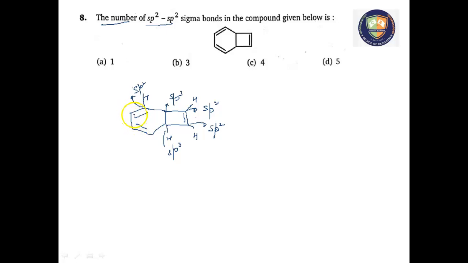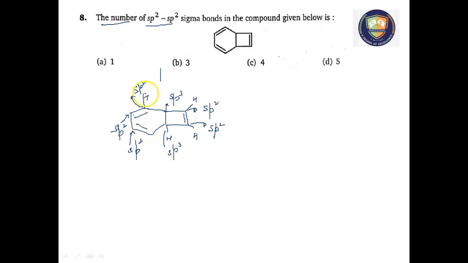Coming to this carbon, this carbon will also be sp2 hybridized. This carbon has formed 2 carbon sigma bonds, like this carbon bond and another carbon bond, and 1 hydrogen. So this carbon is also sp2 hybridized. This carbon will also be sp2 hybridized.